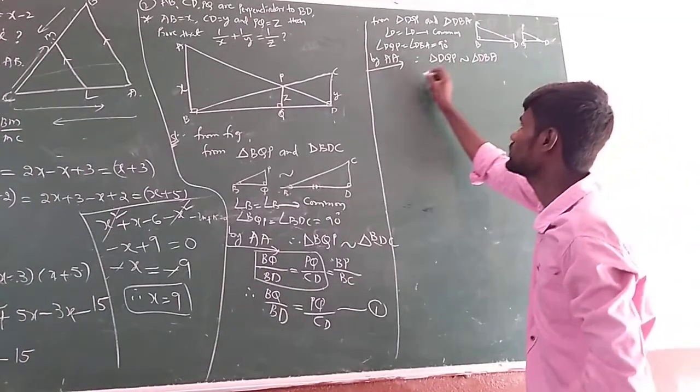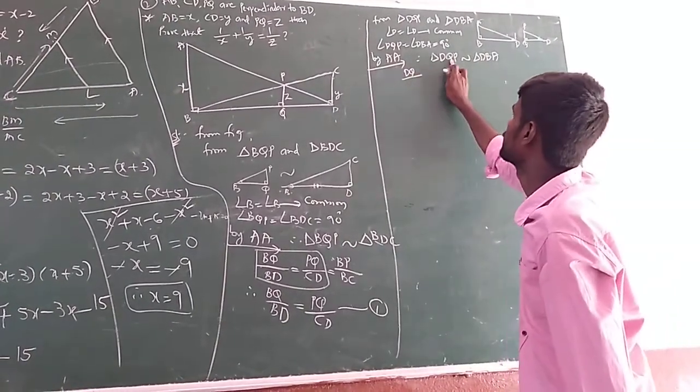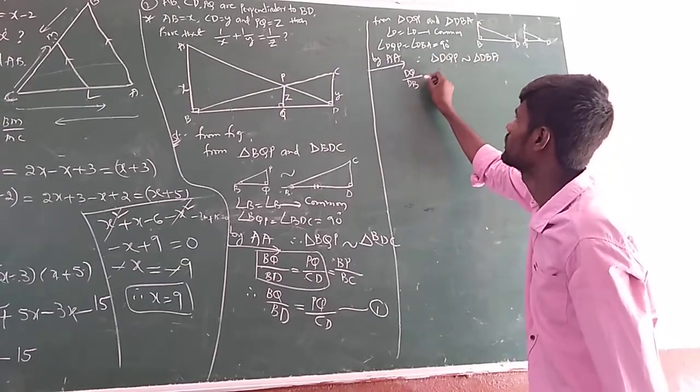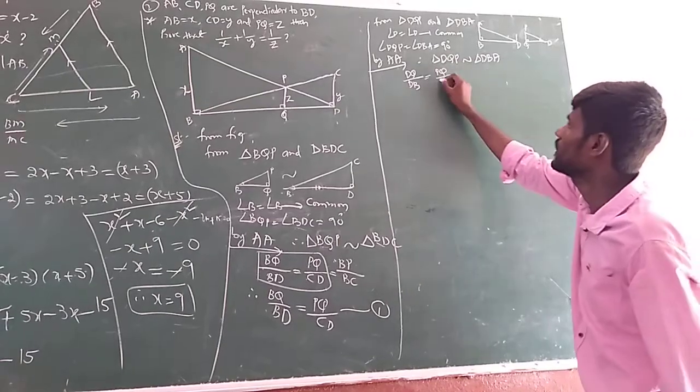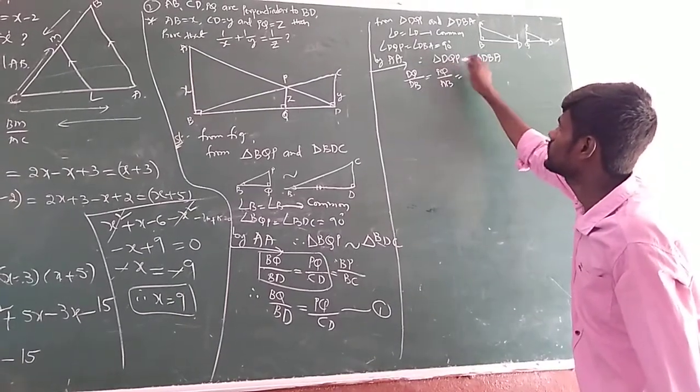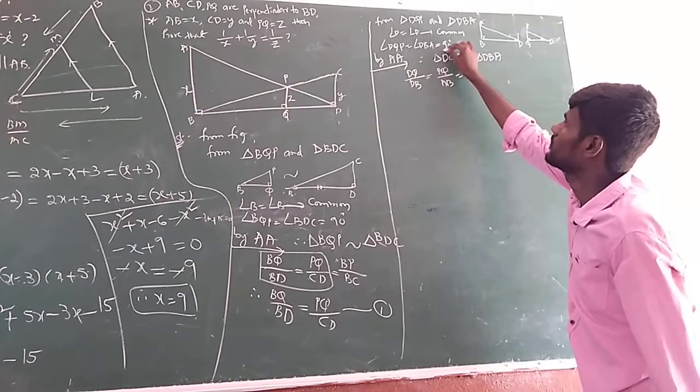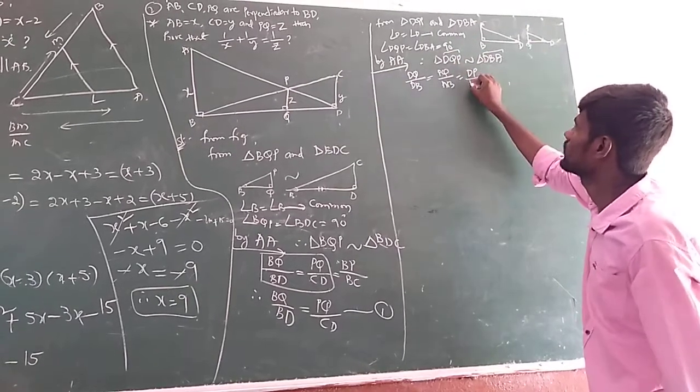So let us take the sides ratio again. DQ divided by DB is equal to QP, that is PQ, divided by BA, that is AB, is equal to the third side DP and the third side DA.